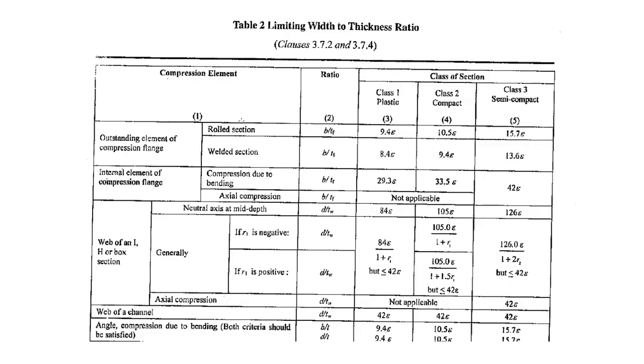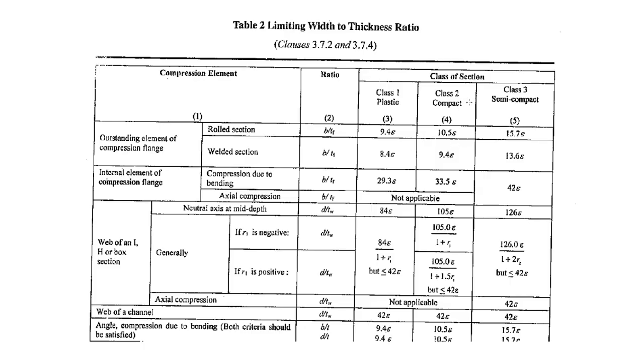For rolled sections, if the b by thickness of the flange ratio is 9.4 epsilon or less, then we consider the selected section as a plastic section. If it is from 9.4 to 10.5 epsilon, then we assume the section is a compact section. If it is more than this, we assume a semi-compact section. If it is more than that, those sections are called slender sections.